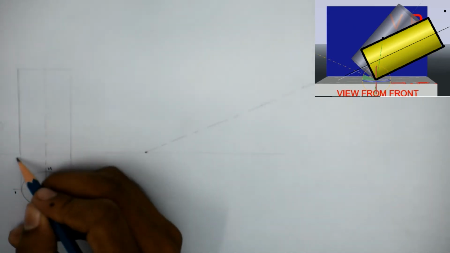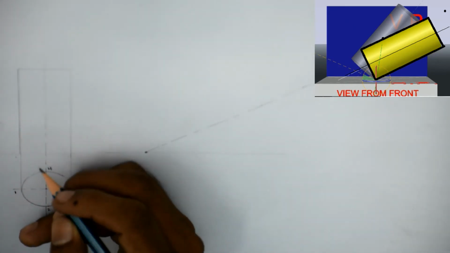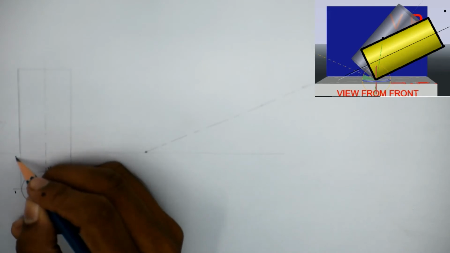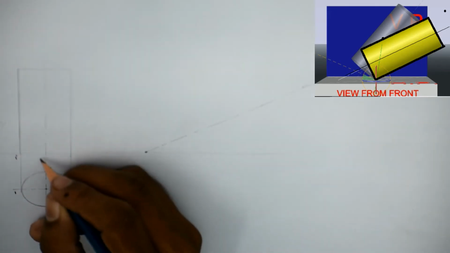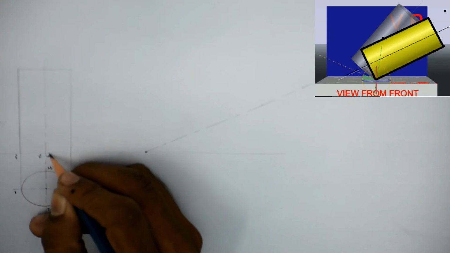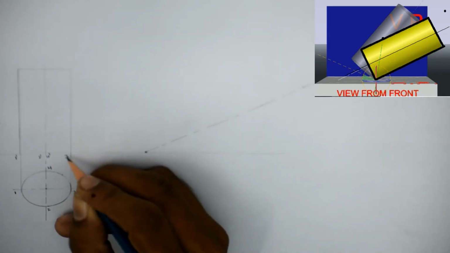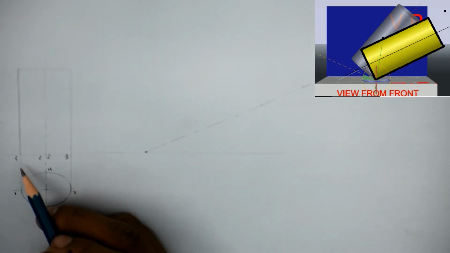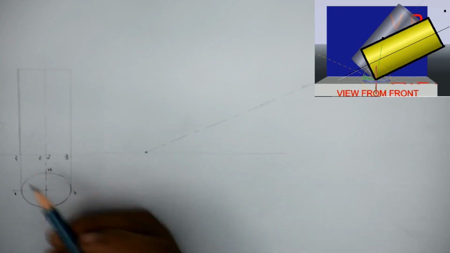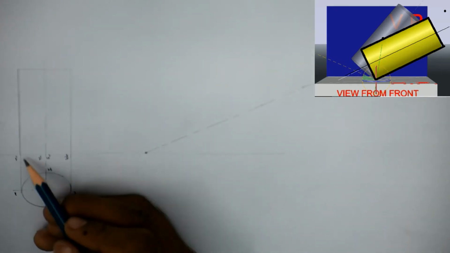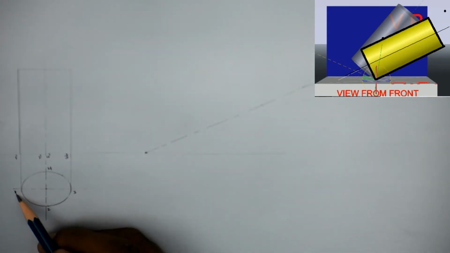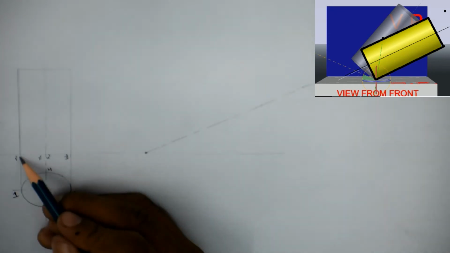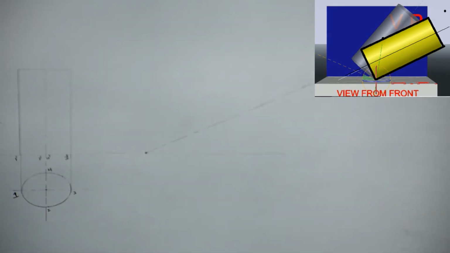So this is going to be my 1 dash, 2 dash, 4 dash and 3 dash. From here onwards in our drawing, a dash means that there is some point which has been projected. For that reason this is the first point, so its projected point will be 1 dash.